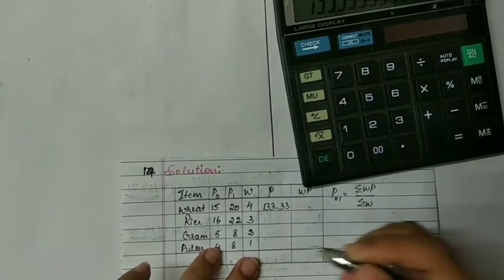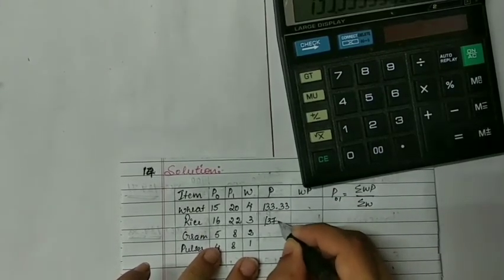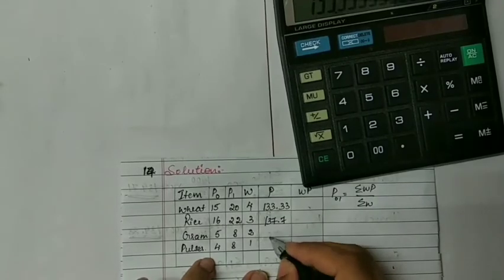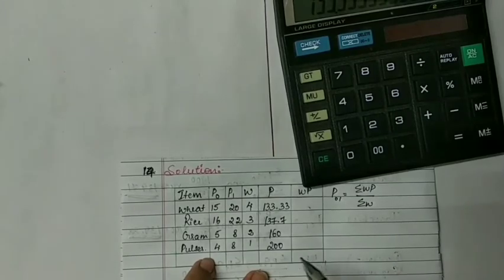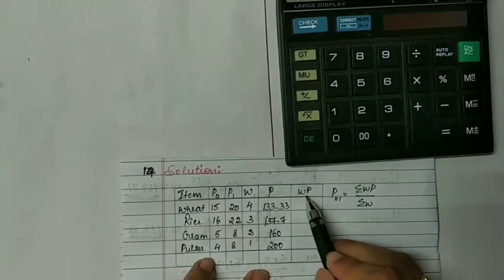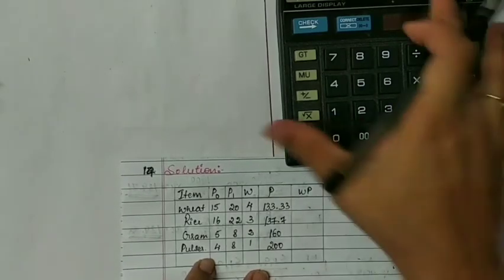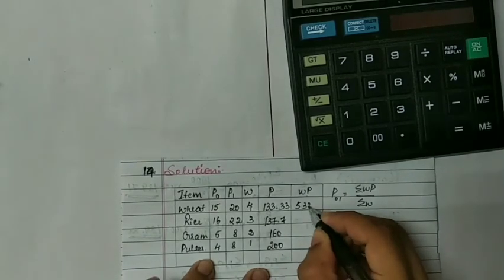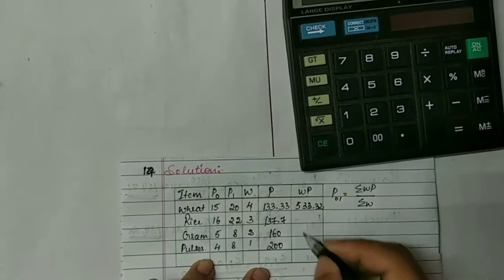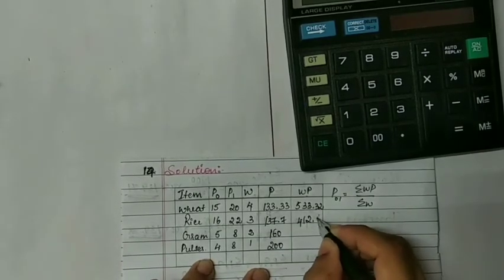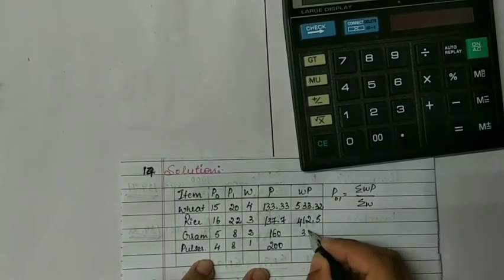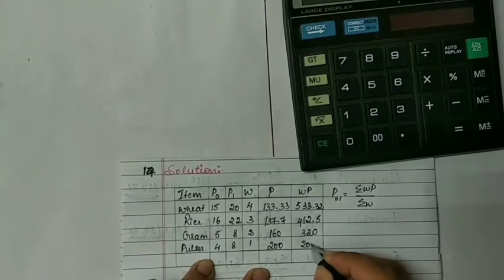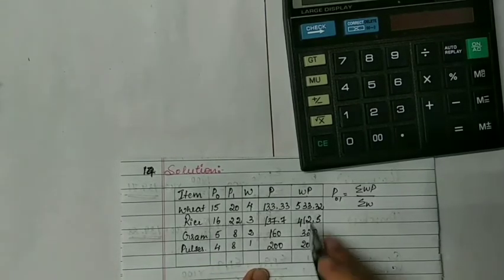Same way, calculate the remaining: 137 point. We are done with calculating P, and the next step is calculation of WP, that is W into P. 133.33 into 4 is 533.32, then 412.5, 320, 200. Now total it.